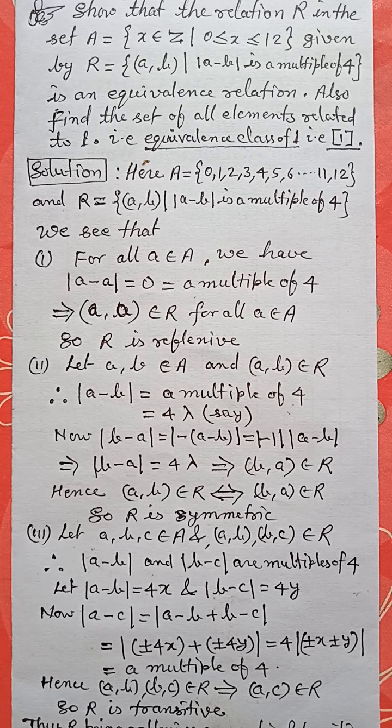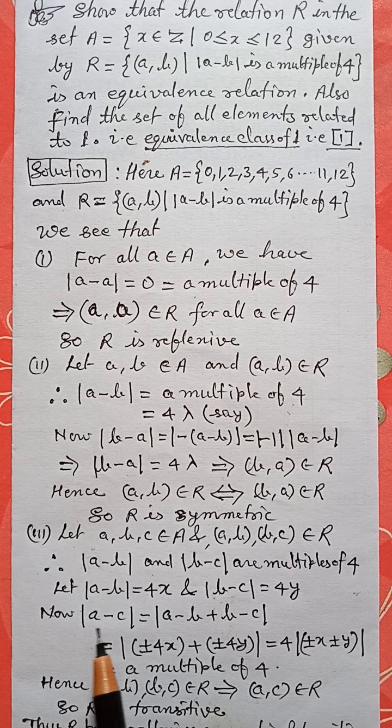Now our third observation is let A, B, C belong to A and (A, B) and (B, C) both belong to R. Now, as per the definition of the relationship, modulus of A minus B and modulus of B minus C are multiples of 4, because R is defined like that.